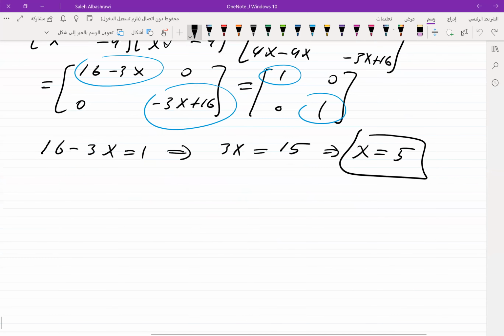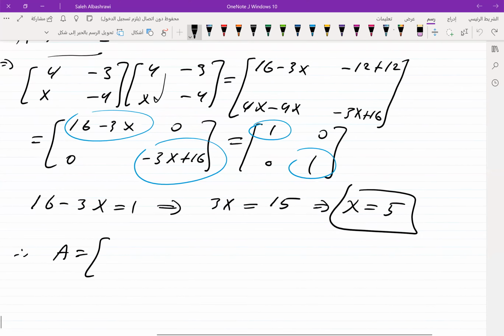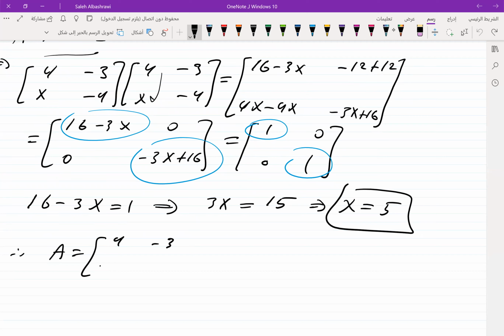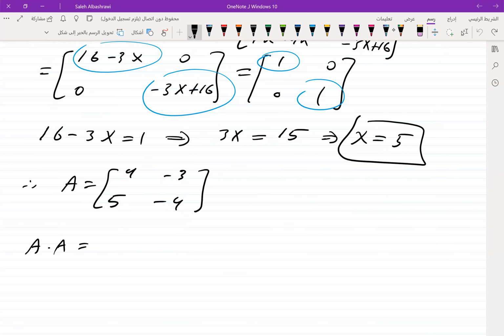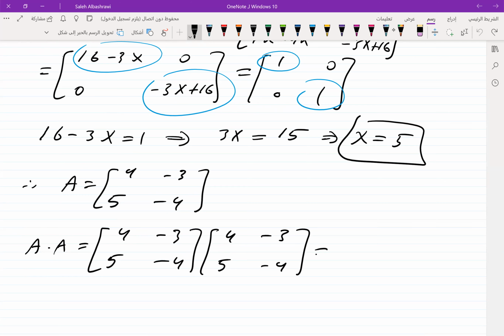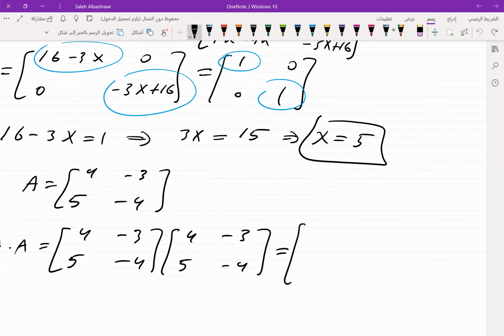We can check this one. Then A is equal to 4, minus 3, 5, and minus 4. A times A is equal to 4, minus 3... this is just to check. It is equal to 16 minus 15.